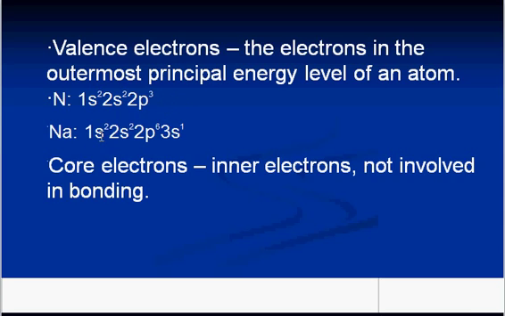With sodium, my highest or outermost principal energy level is 3, and I only have 1 in 3s in this example, so I only have 1 valence electron. And then the core electrons are the inner electrons that are not involved in bonding, so that's everything else. So for sodium, my valence electron is 1, and everything else are my core electrons.